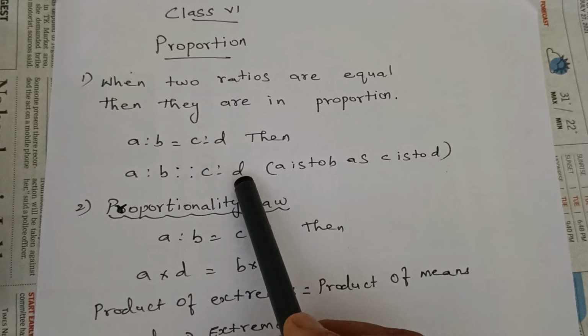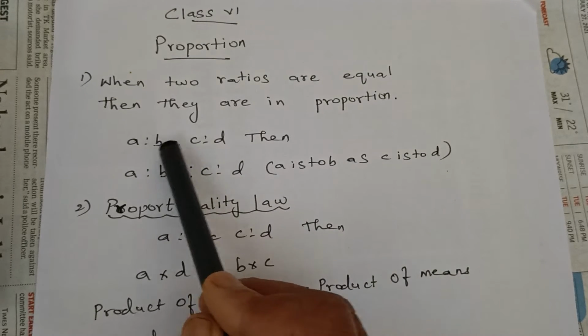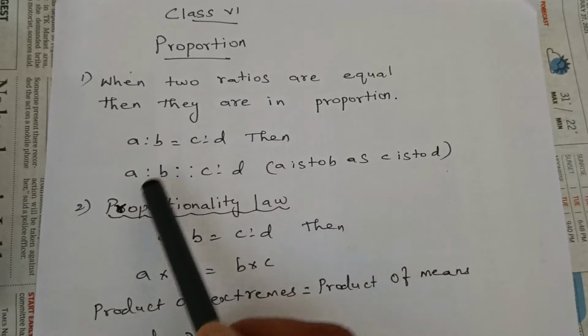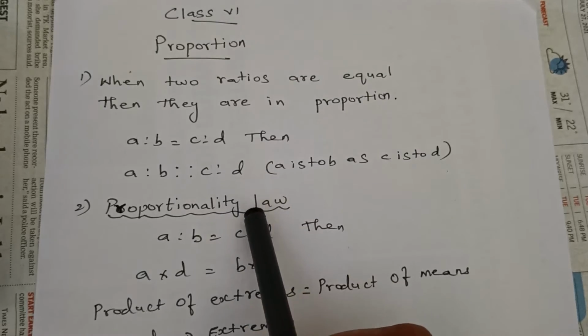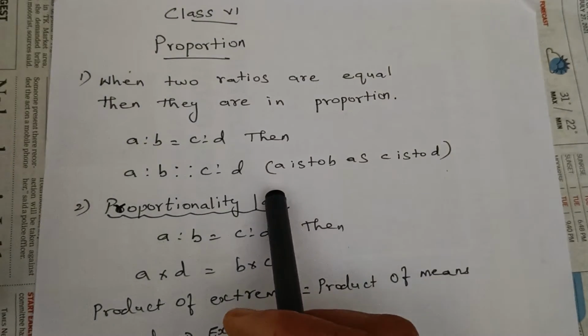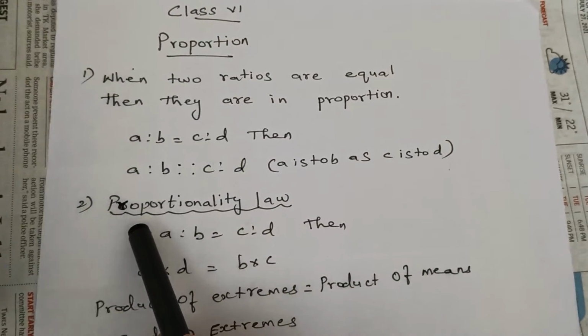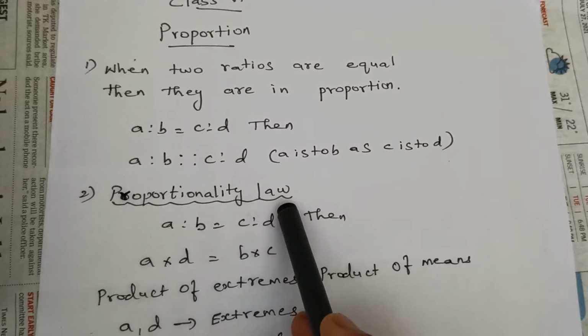When the two ratios are equal, we say that the ratios are in proportion. To check whether given two ratios are in proportion or not, we have a law called the proportionality law.